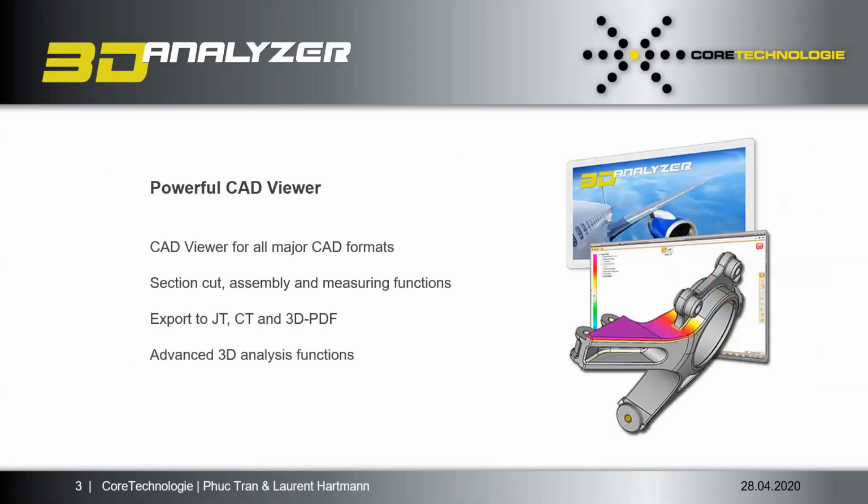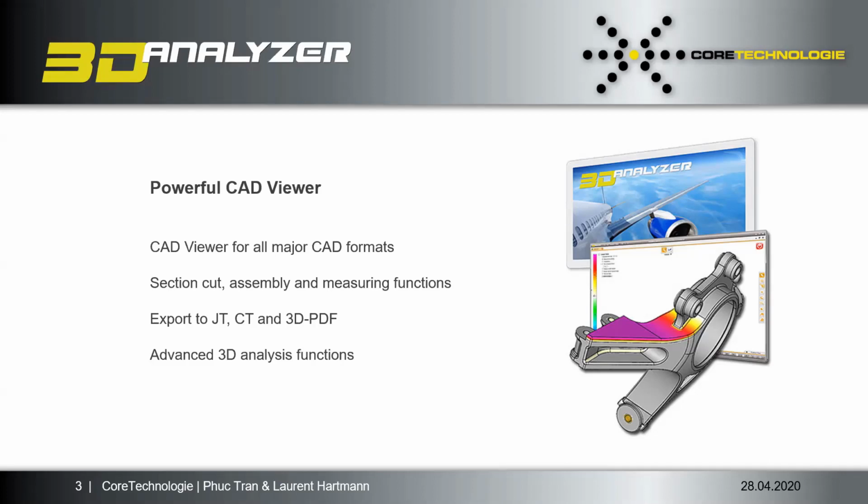Our analyzer offers a range of CAD formats which can be imported into the software to read and to make section cuts and measurement functions, to export to JT and 3D PDF, as well as to do analysis functions like comparison, collision detection, wall thickness, undercut, and draft analysis.